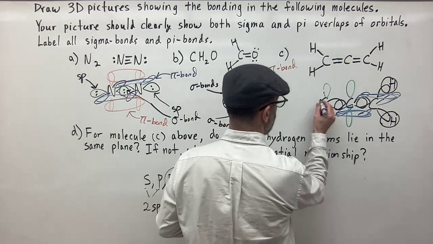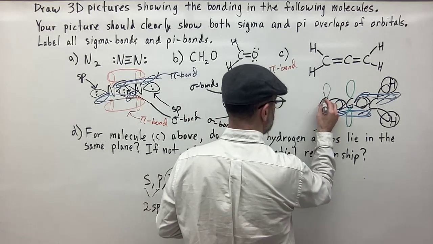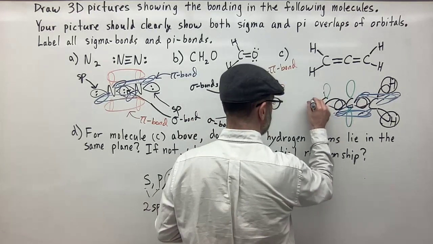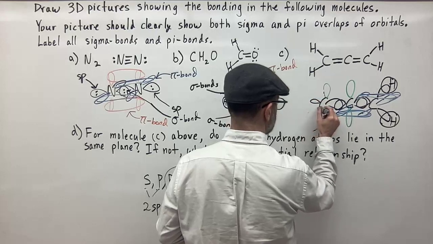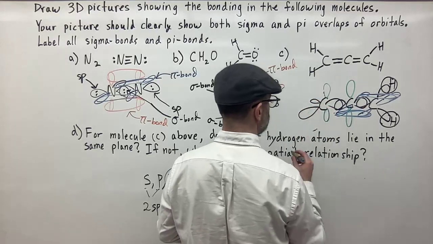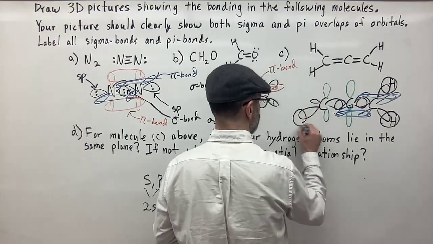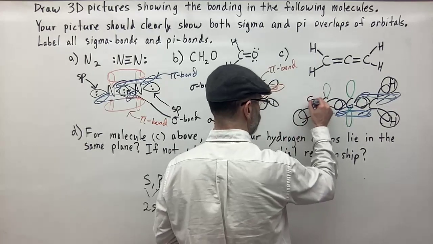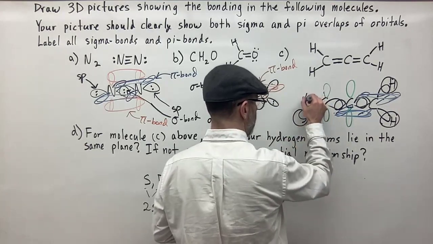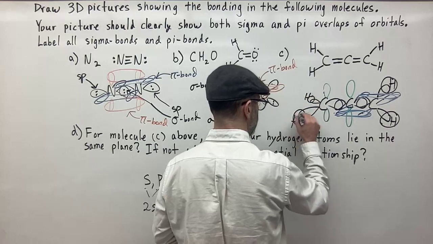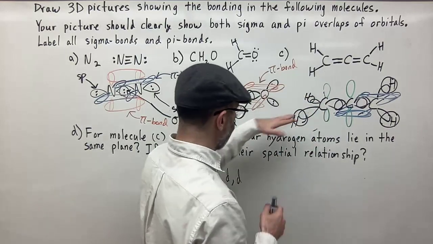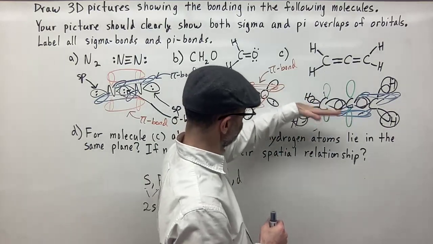So then this one I can go a little smaller in that way, and then this one's going to come out that way. So then this is going to be closer, this is going to be farther away. So I have my hydrogen here, I have my hydrogen there. So hopefully that looks like it's this way.